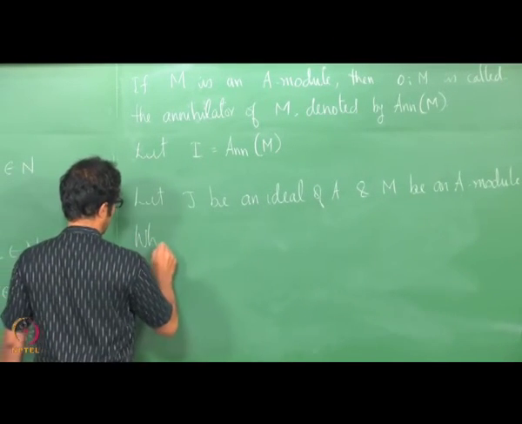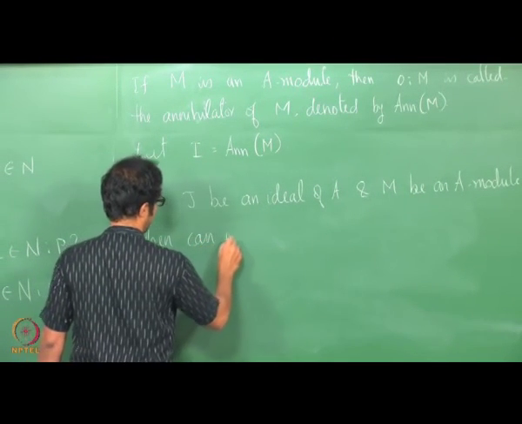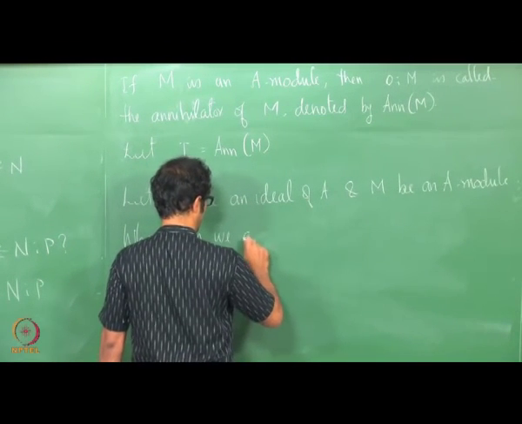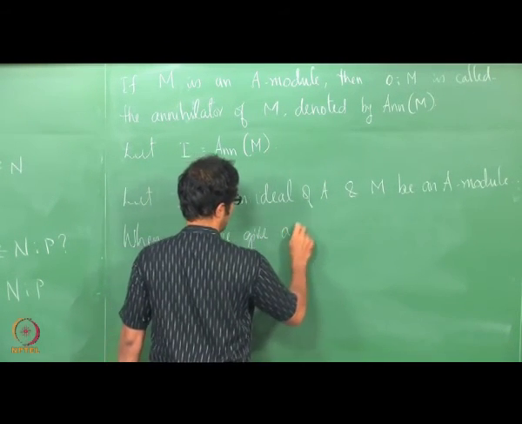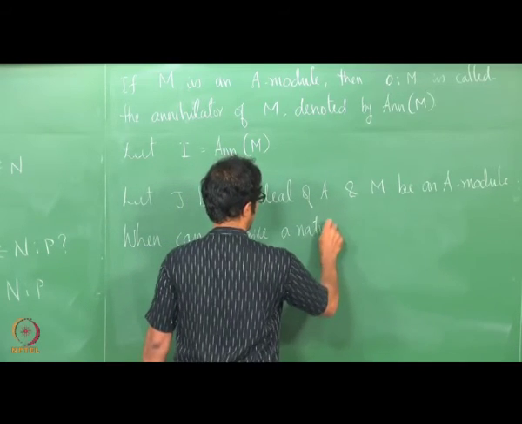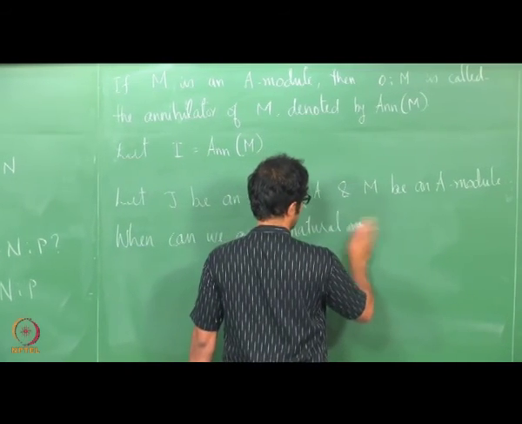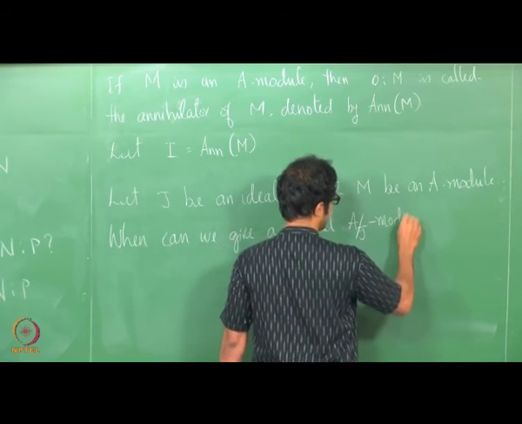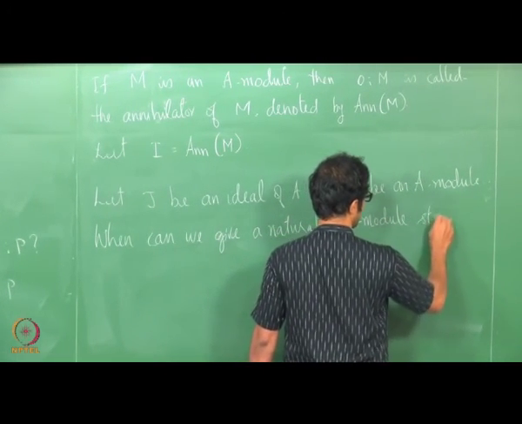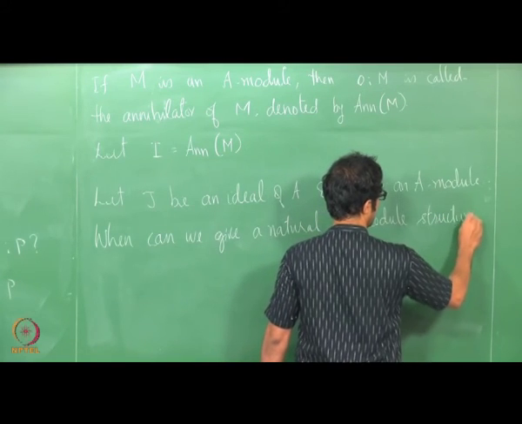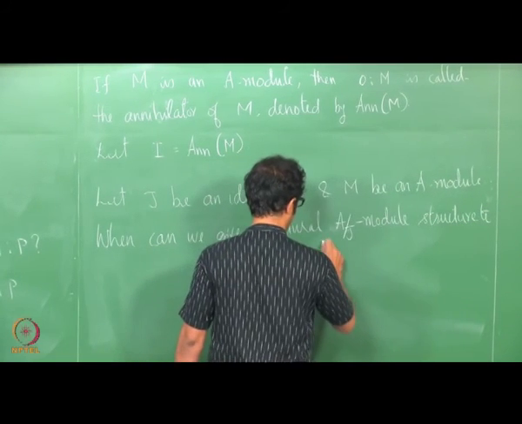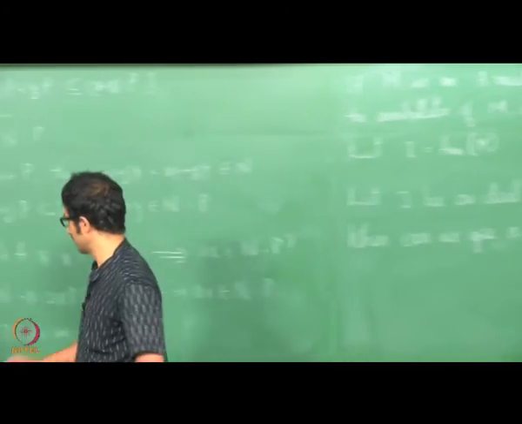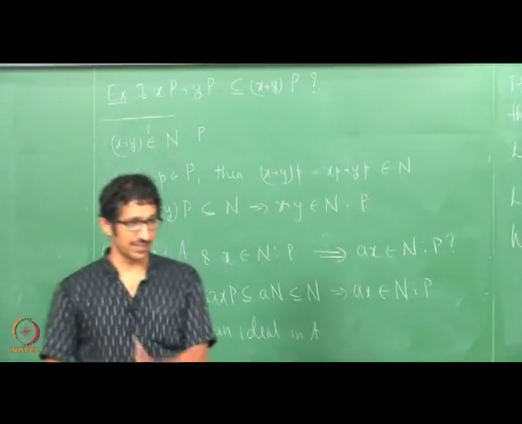When can we give a natural A mod J module structure to M? Think about this question, we will take it up next time.